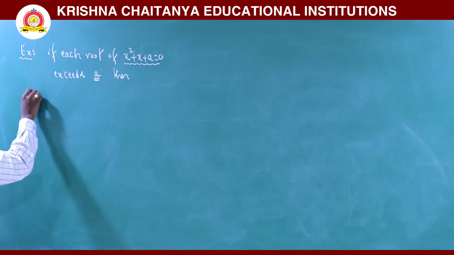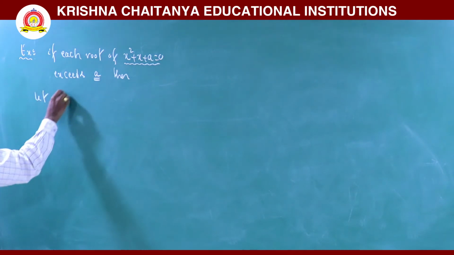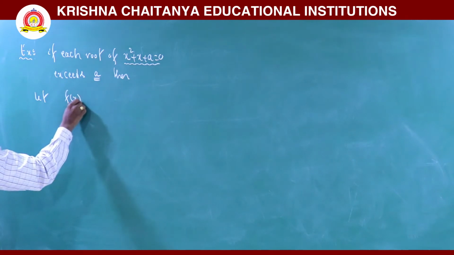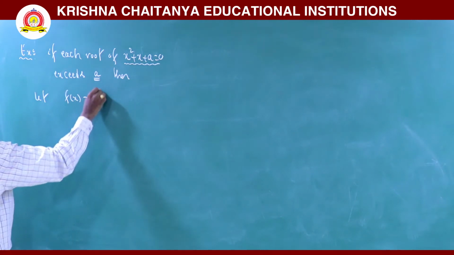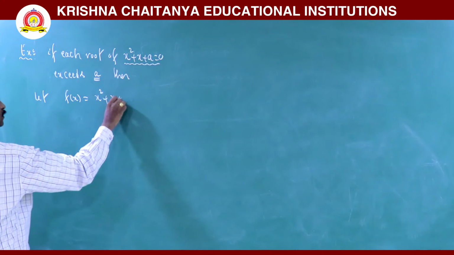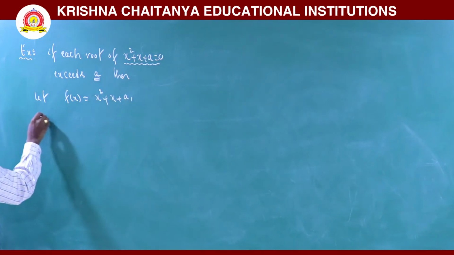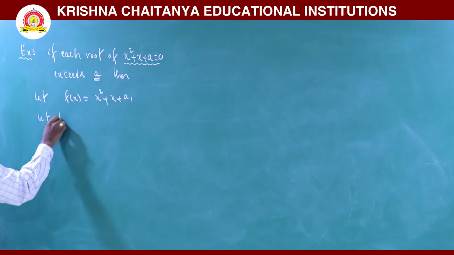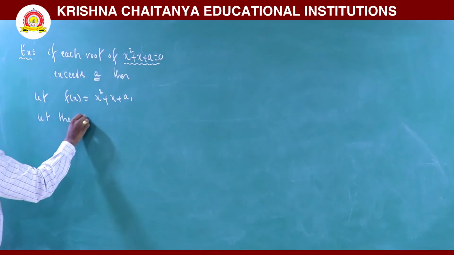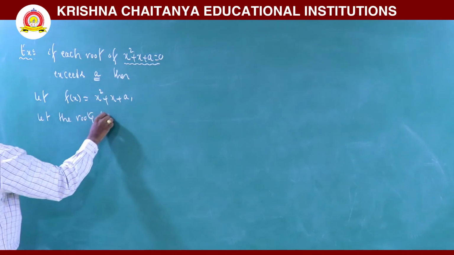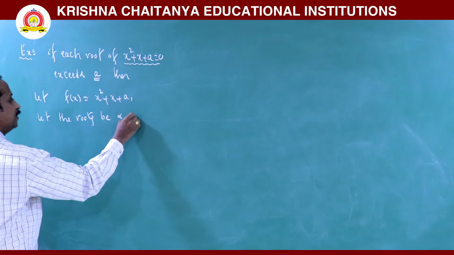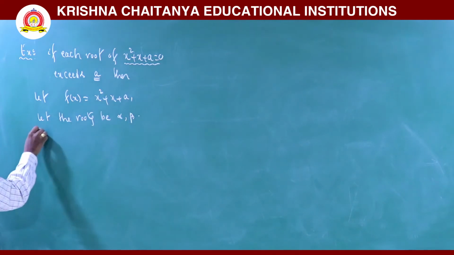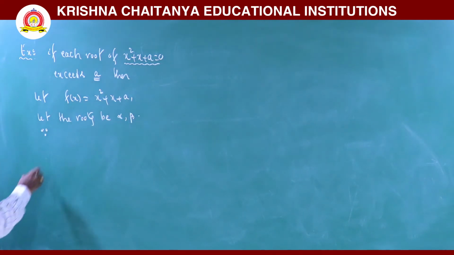So let us consider f of x, where f of x is equal to x square plus x plus a, and let the roots be alpha and beta. What is our given condition?